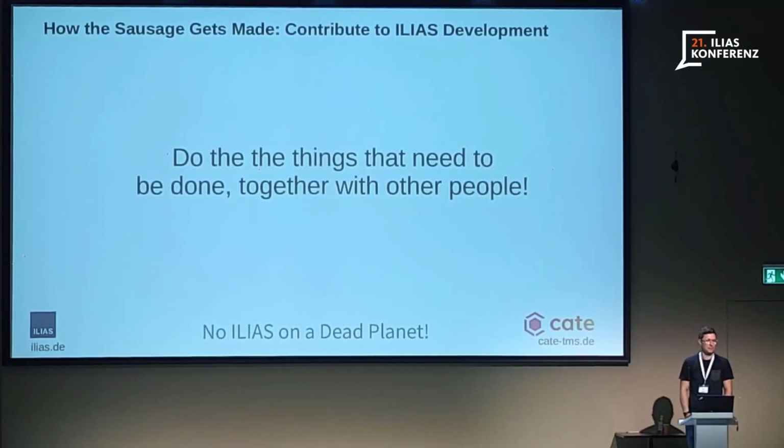More questions? Remarks? There is something that I find hard to contribute to Elias, is that I know there is a lot of materials to look into, like forums or Mantis bug tracker, but a lot of them are, of course, in German, and it's like a language barrier. So I do not know how to search in German.